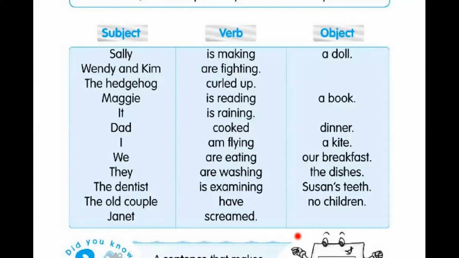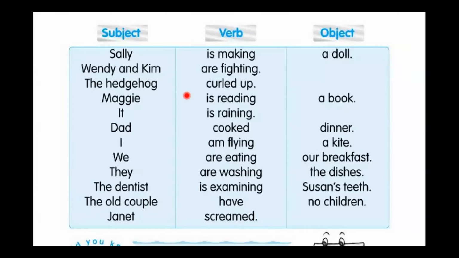Yes, let's continue. The hedgehog curled up. Ma'am, your voice is breaking.